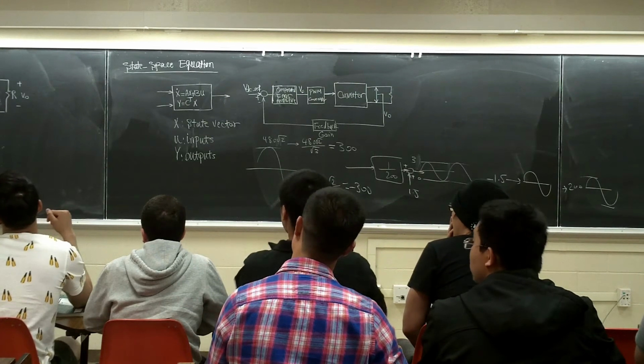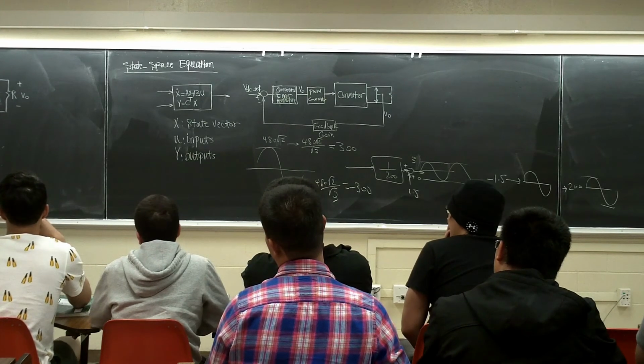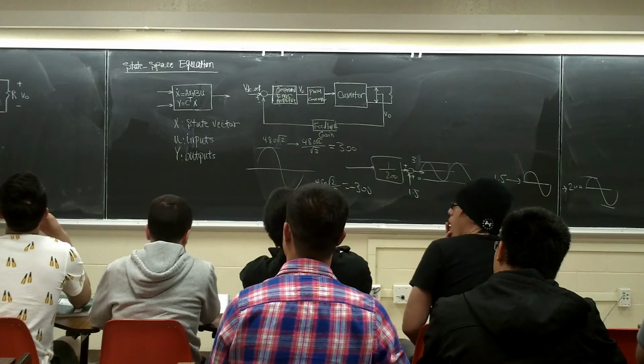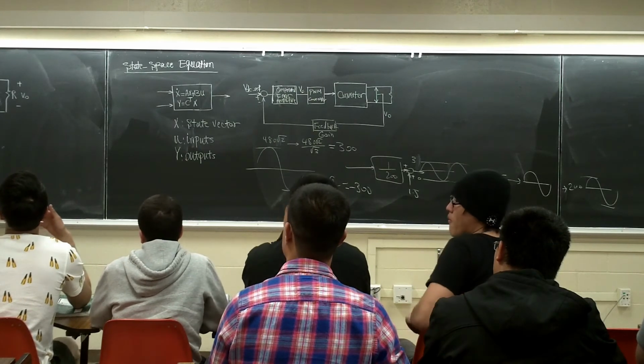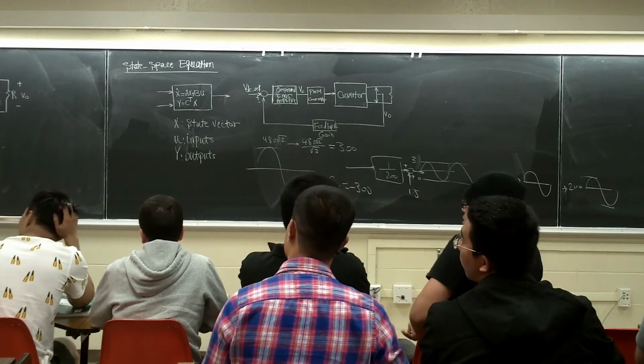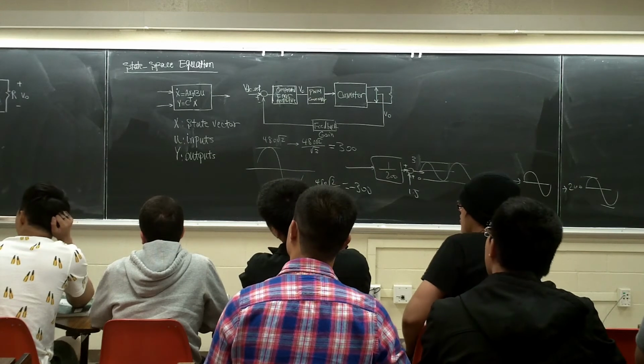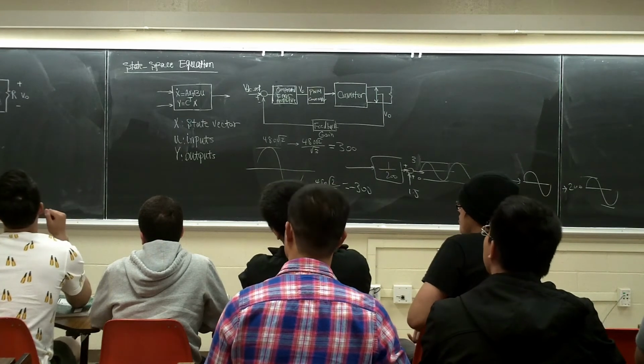How much is this one? And how much is this one? Keep this in mind. We went through everything for this circuit. When the switch is on, we have one circuit, and when the switch is off, we have another circuit.